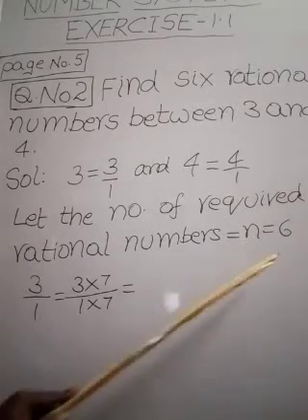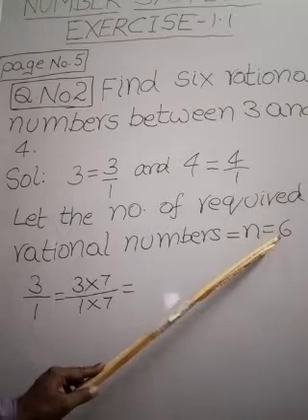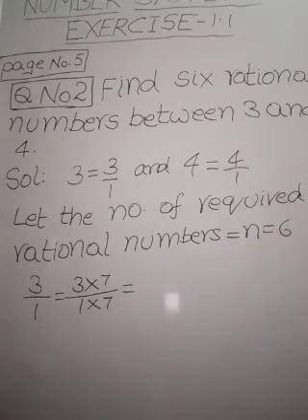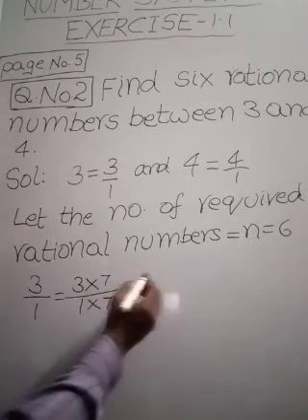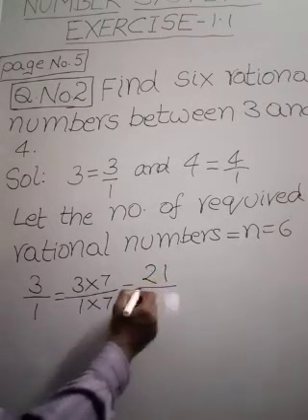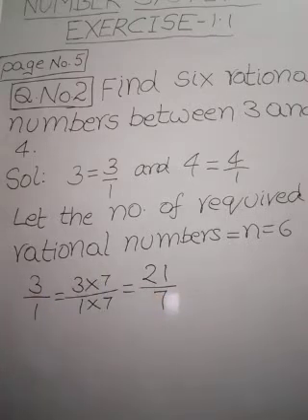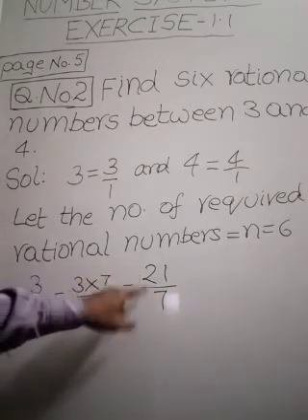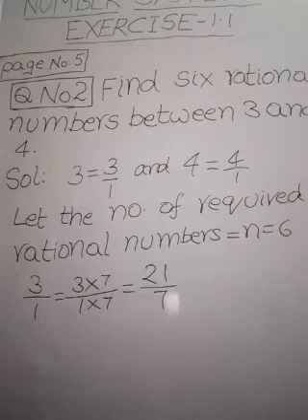Here the required rational numbers are 6, so we have to find n plus 1. By that number, n plus 1, we have to multiply the numerator and denominator of the given rational numbers. Okay my dear children? Now 21 by 7. So we converted 3 by 1 into the form 21 by 7.